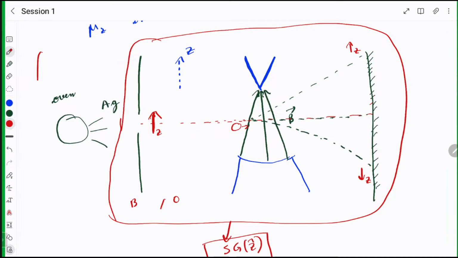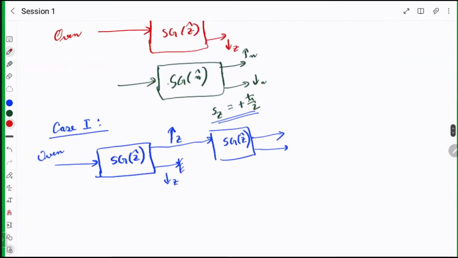So what should I expect? The particle moving upwards. Exactly. So all the particles will move up. In other words, at the output we will only have up Z particles and no down Z particles. So nothing will come out of here.